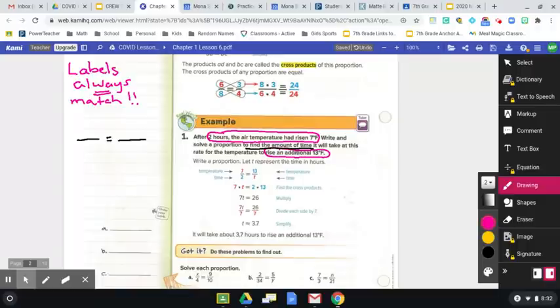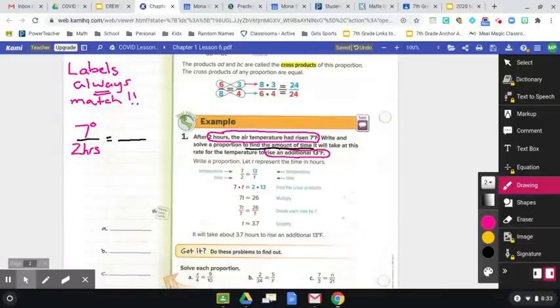So I'm going to take this first piece here that we circled. After 2 hours, the air temperature had risen 7 degrees Fahrenheit. And we're going to set it up in this first fraction. 7 degrees Fahrenheit after 2 hours. Now, my labels.